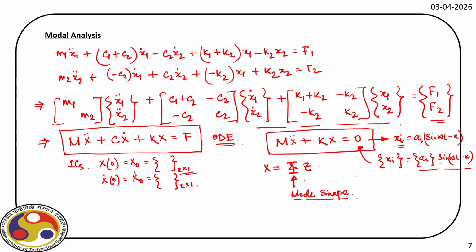So what we do is differentiate this expression twice and put it back in the governing equation of motion.